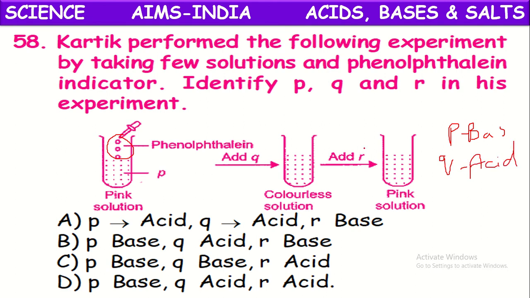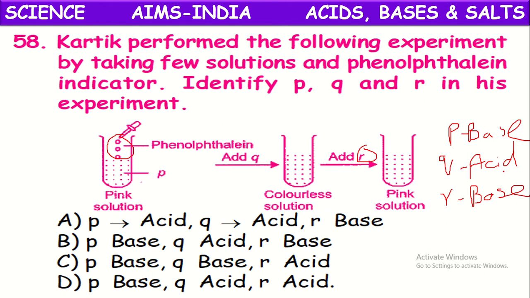Again, by the addition of one more substance R, the phenolphthalein indicator turned pink. So what might R be? It is a basic substance. In this way, the first substance taken, P, is a base, because by the addition of phenolphthalein it became pink. And by addition of Q, it became colorless, which means an acid is added, so the base in the solution is neutralized and hence the solution became colorless.